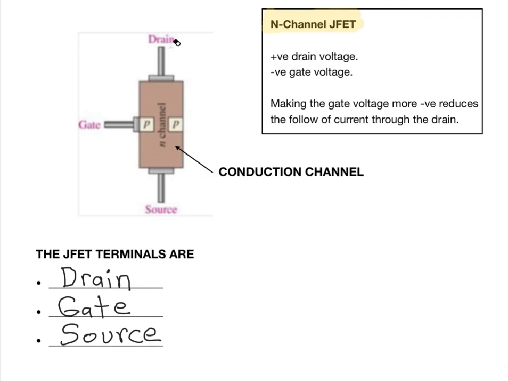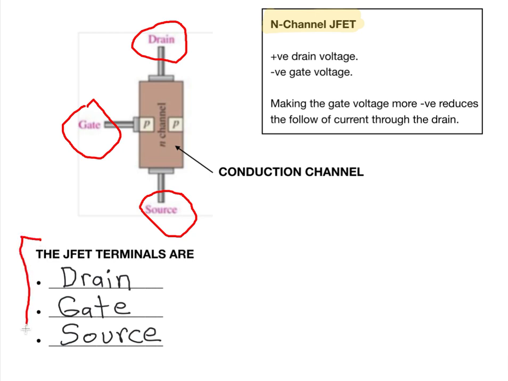So over here, you see we have the drain, that's one of the terminals. And we have the source, and we have the gate. So the terminals are drain, source, and gate.